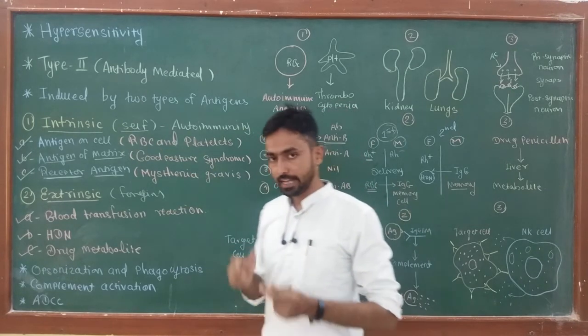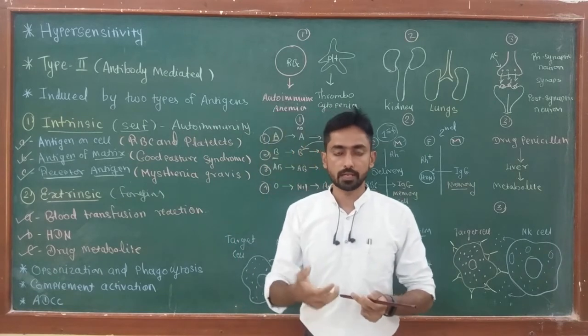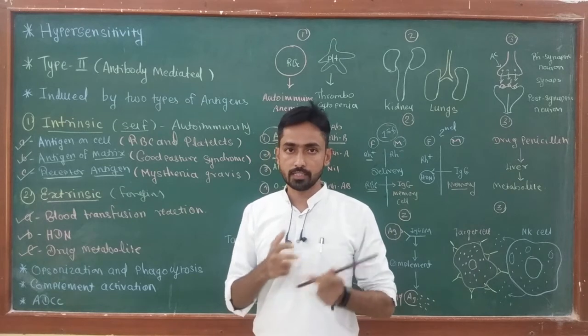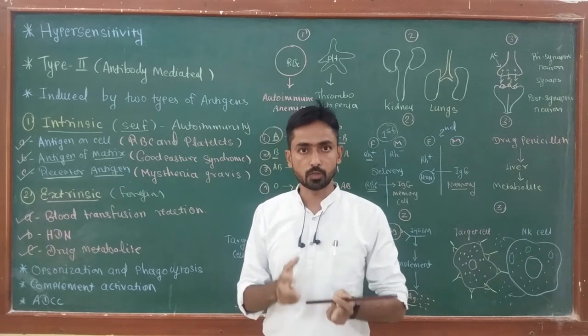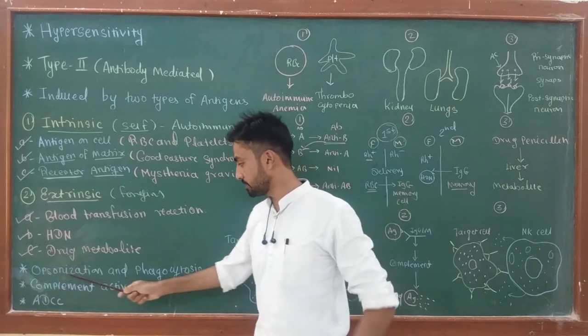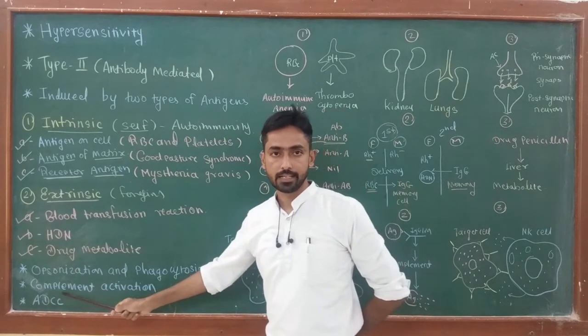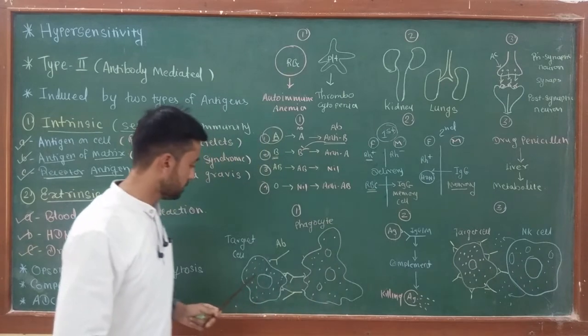Now, exactly which mechanism is employed by the antibody to attack self or non-self antigen? These mechanisms are divided into three main types: opsonization and phagocytosis, complement activation, and ADCC. What is opsonization?